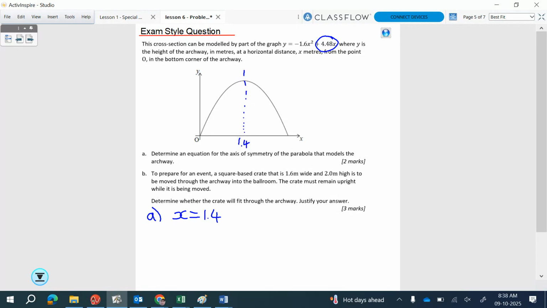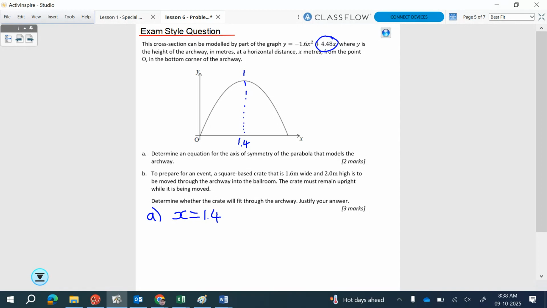So it says determine the equation of the axis of symmetry. Do we just leave it as 1.4? That's not an equation. The axis of symmetry is a vertical line, so it's always going to be x equals something. Always. Don't forget the x equals on the equation. A lot of people put 1.4 down and then they get it wrong.